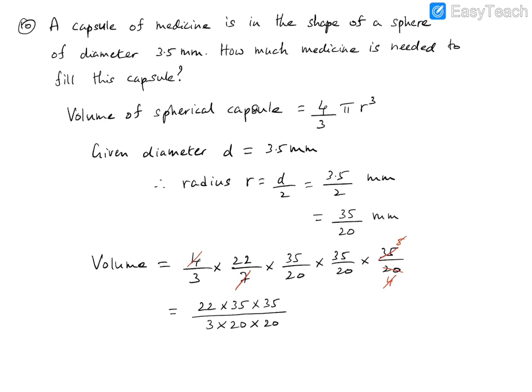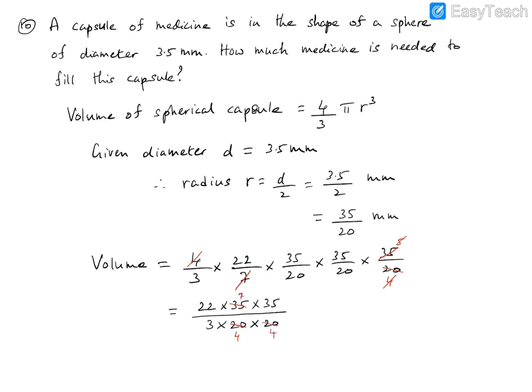Again, we can simplify further since we have 20 and 35. We can simplify them using 5. 5 goes into 20 4 times, 5 goes into 35 7 times. So let's do that as well. So we will have 5 going into 20 4 times, and 5 goes into 35 7 times.